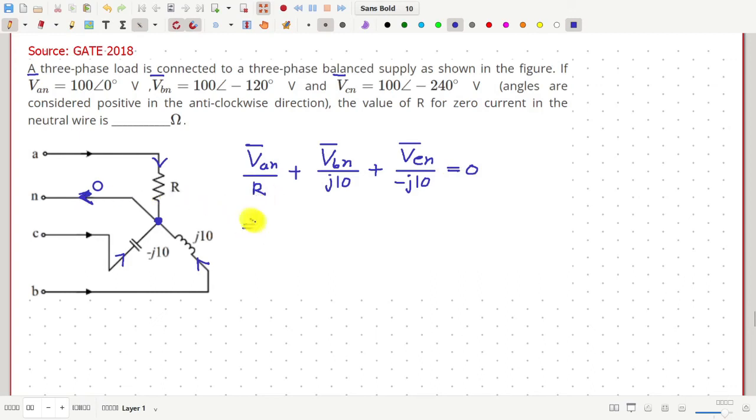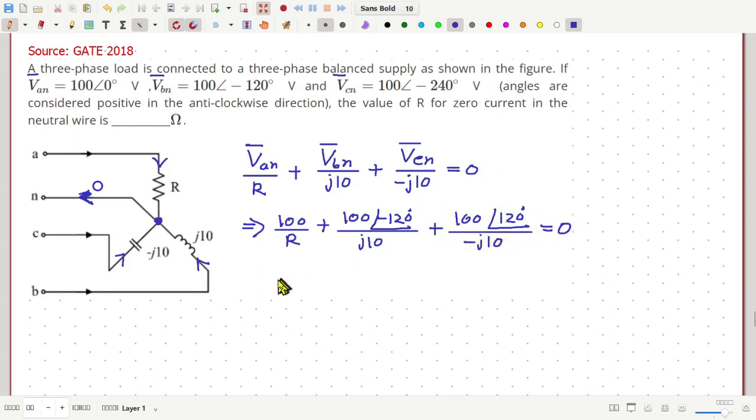From here we can write VAN is 100, so 100 by R, plus VBN is 100 angle minus 120 degree divided by J10, plus VCN is 100 angle minus 240 degree, that means plus 120 degree, divided by minus J10. This should be equal to 0.